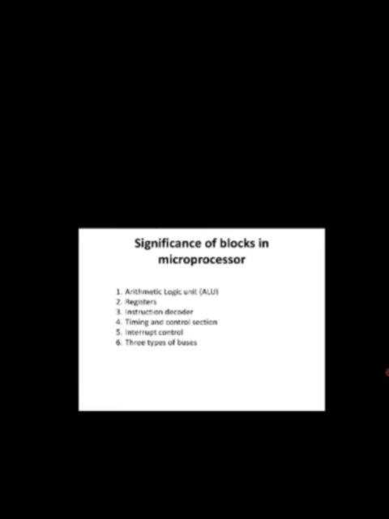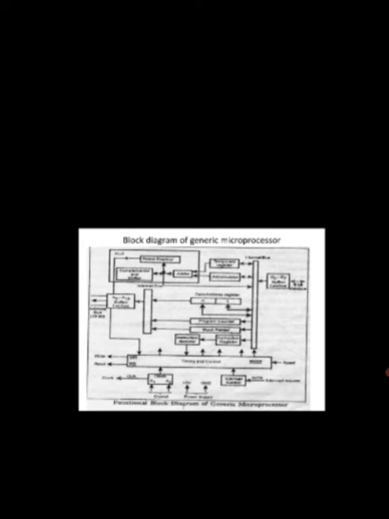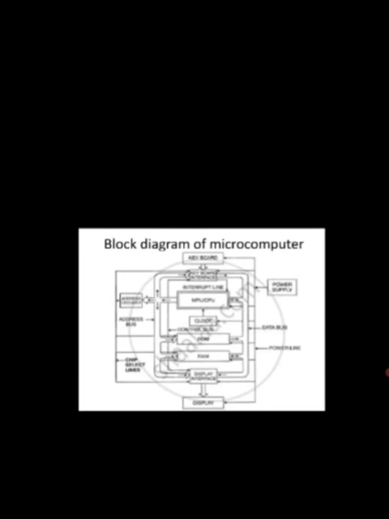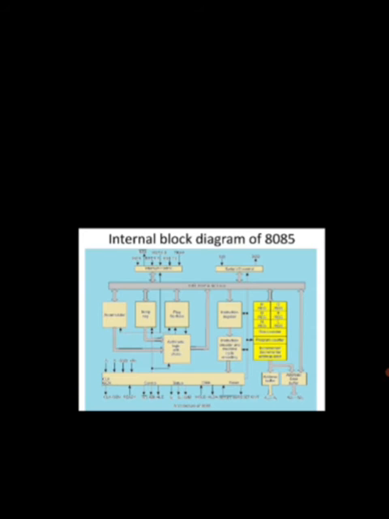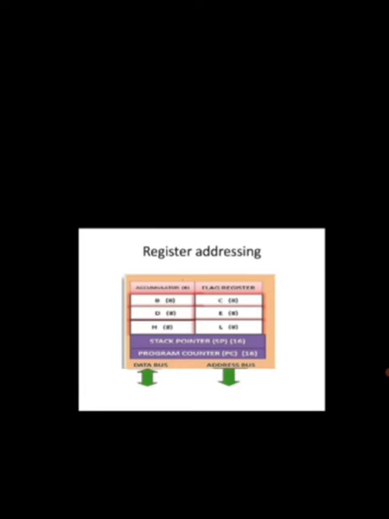The second is the registers. The microprocessor makes use of several registers. Some of them are 16-bit and others are 8-bit. There are general purpose registers. I will show you the block diagram of the registers.